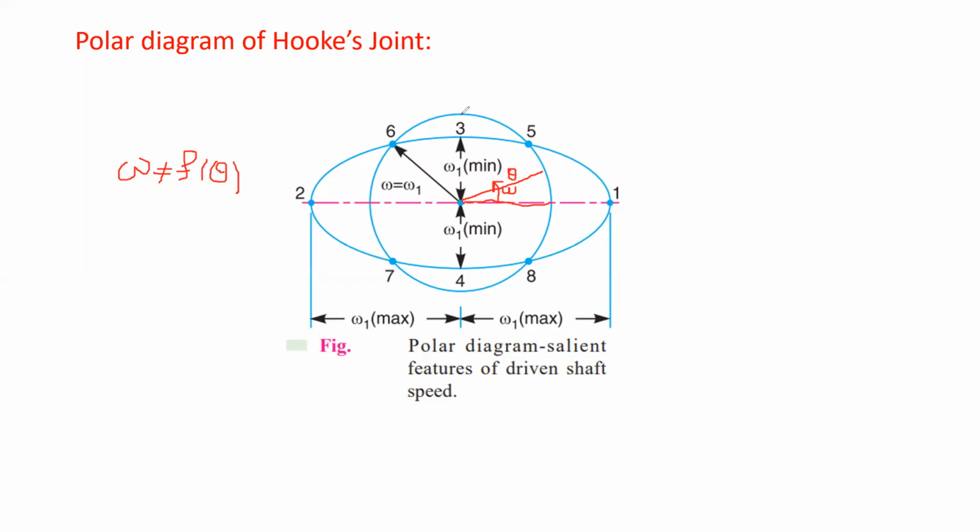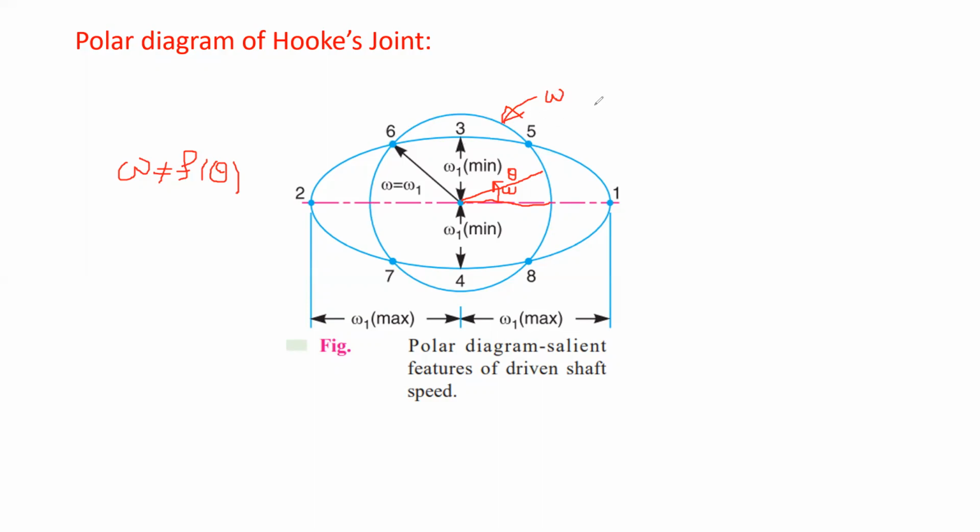So I have drawn the circle which represents the angular velocity of the driving shaft, omega. As the radius of the circle is constant, you can say omega is constant.